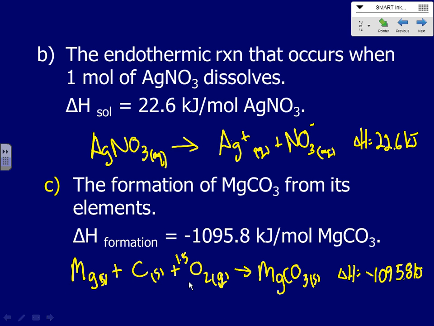So a formation reaction, we'll see that again in the future. This is a little quick introduction, is making the compound from its elements and then balancing it so that the coefficient of this guy on the back end is always 1, all right?